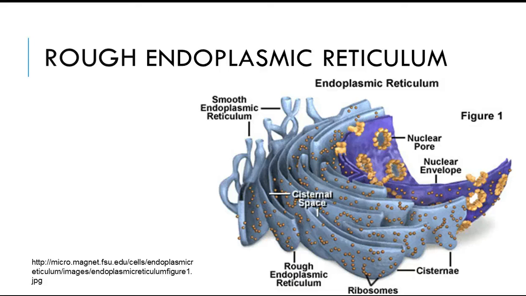The membrane of the rough ER buds. We use the word bud, okay? The membrane of the rough ER buds off, and the newly synthesized proteins are now inside of that, what we'll call a vesicle.